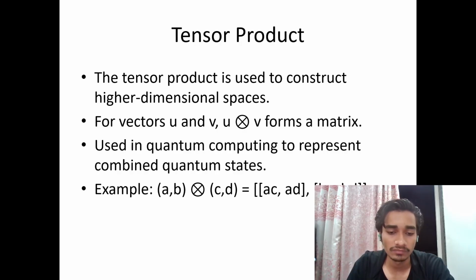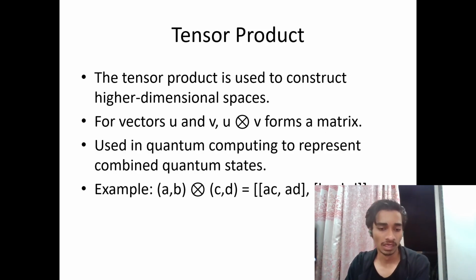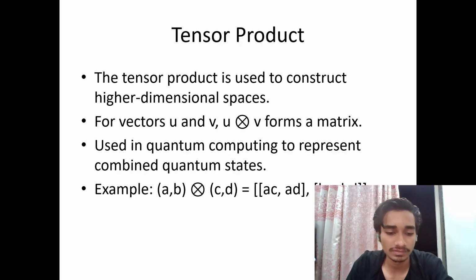For example, if you have two vectors (a, b) and (c, d), their tensor product gives us a matrix like ac, ad, bc, and bd. This is especially useful when describing two particles in quantum computing, each with their own state, and combining them into a single system state.